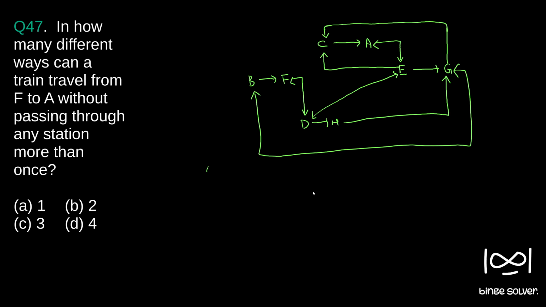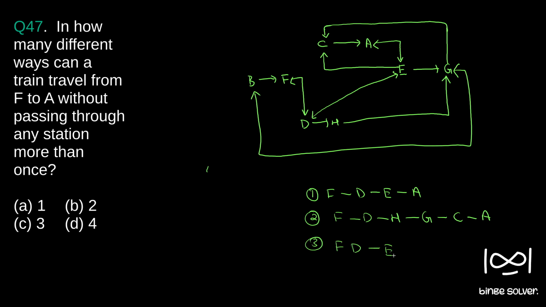F to D we can go, then D to E, E to A. This is the shortest path, F, D, E, A. Now another path is F to D, D to H, H to G, G to C, C to A. This is another path. Another path will be F to D, D to E, E to C, C to A. This is another path.